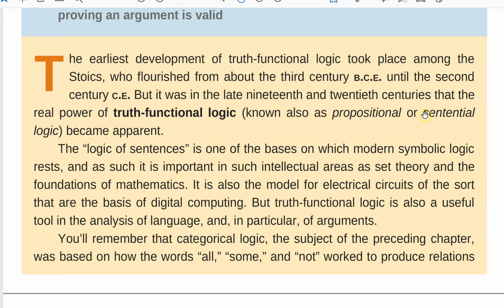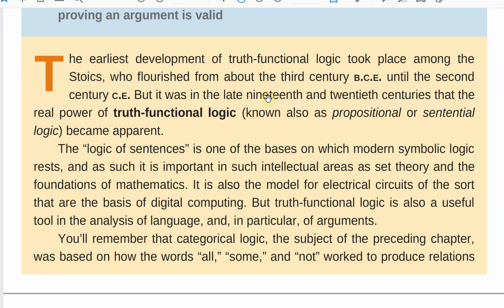It's called sentential logic because it deals with sentences or propositions. The other textbook we use calls it SL. That stands for sentential logic. You might also see it referred to as FOL or first order logic. These are all the same. This has many, many names because it's been around forever.